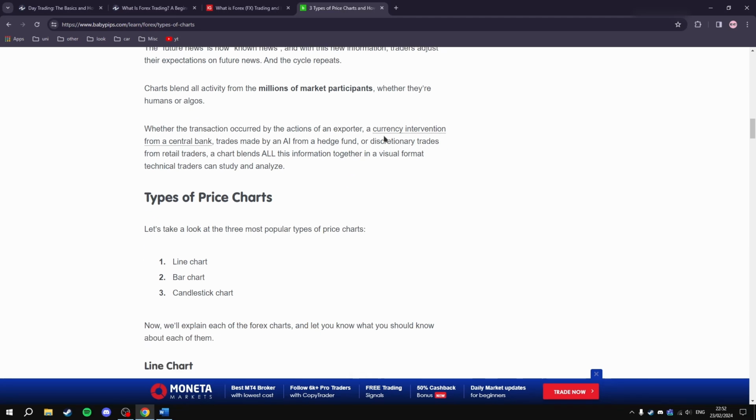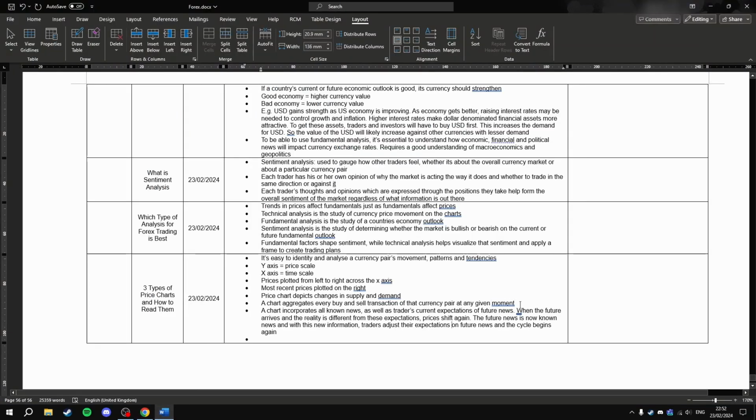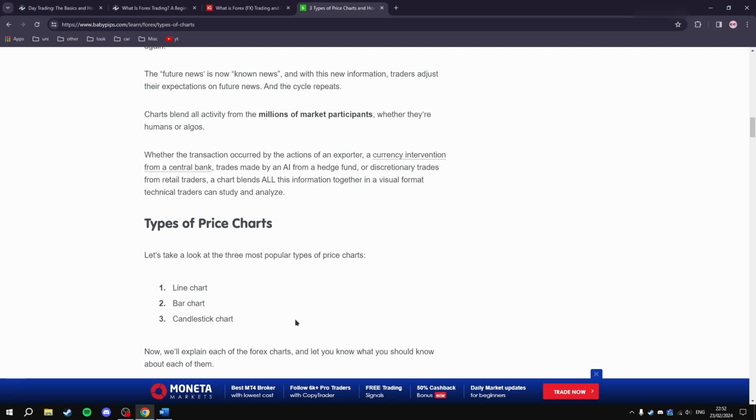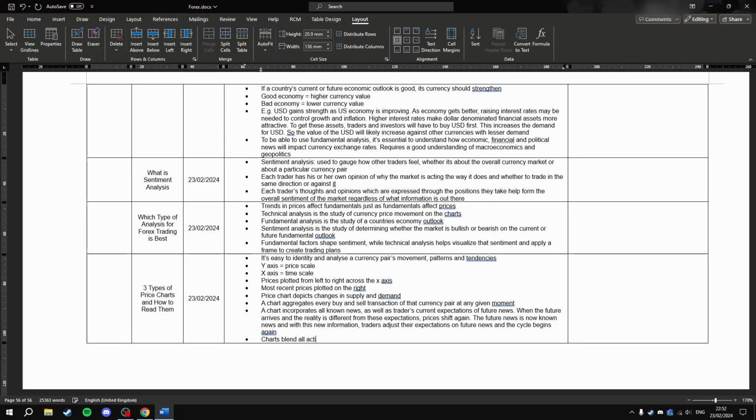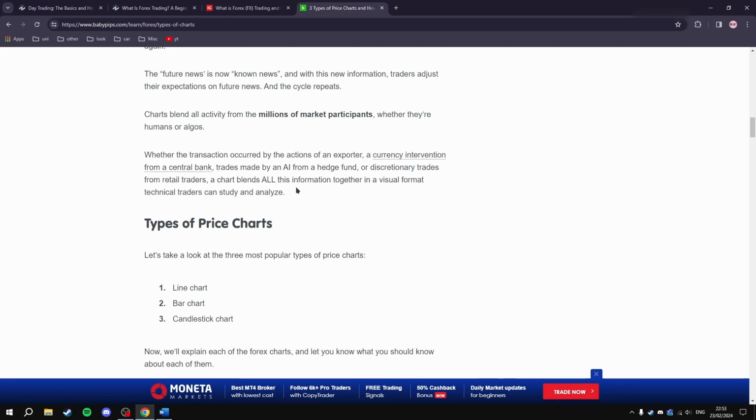Charts blend all activity from the millions of market participants, whether they're humans or algorithms, whether the transaction occurred by the actions of an exporter, a currency intervention from a central bank, trades made by an AI from a hedge fund, or discretionary trades from retail traders.